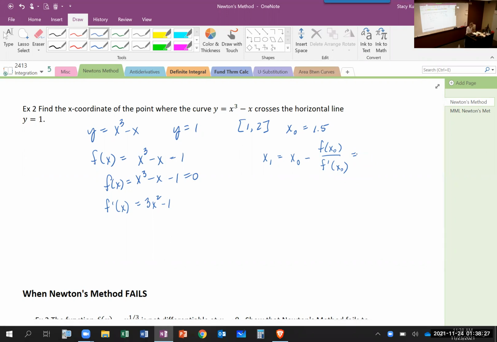Do you have an approximation? Does anybody have a different approximation?